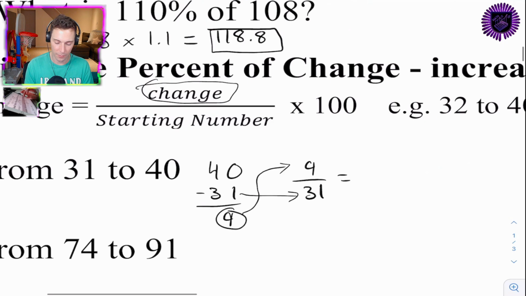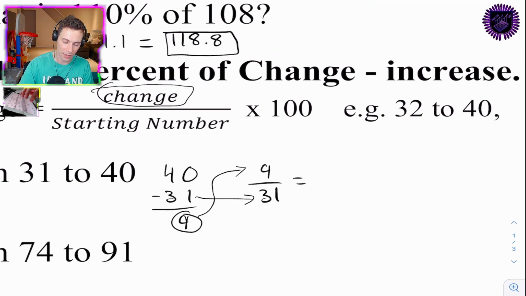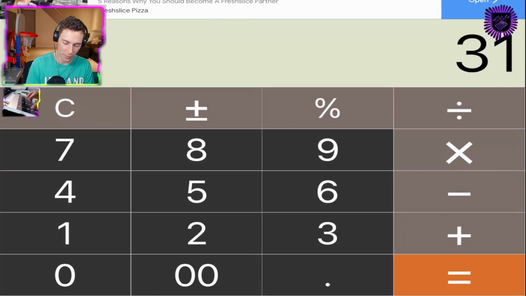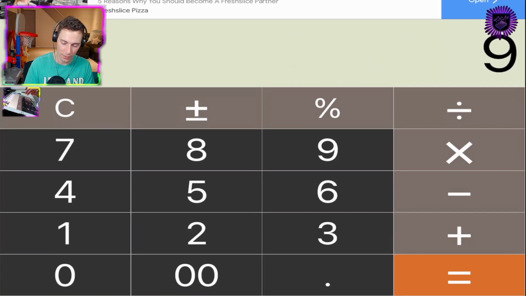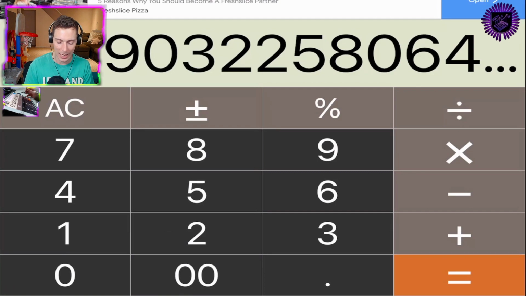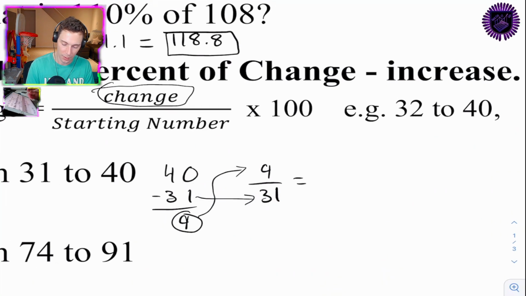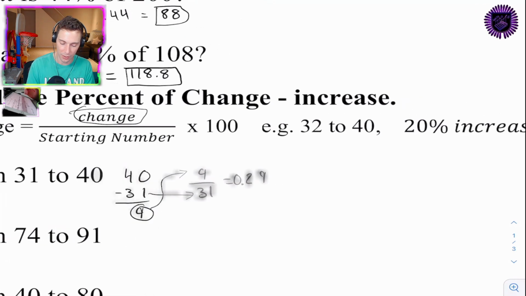And then it'll give us a decimal. 9 divided by 31 equals 0.29. And now we want to turn that into a percentage.